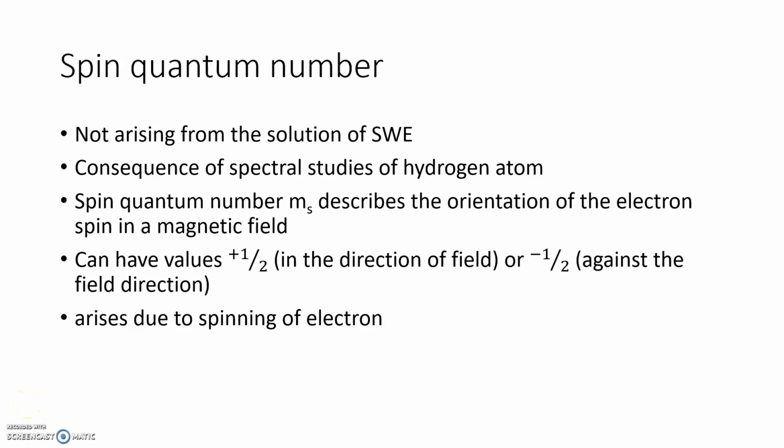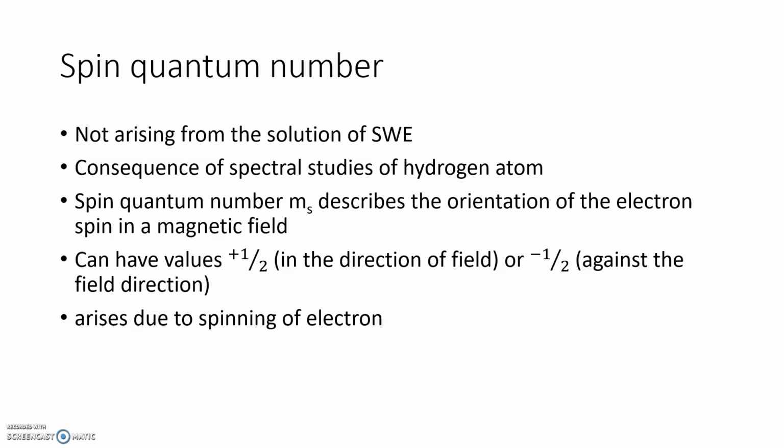So we were discussing spin quantum number. An electron in an orbital can have either of two values, plus half or minus half. The spin quantum number does not arise from the solution of the Schrodinger wave equation, but it can be used to predict the spectral behavior of atoms.